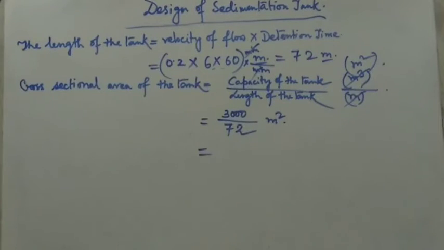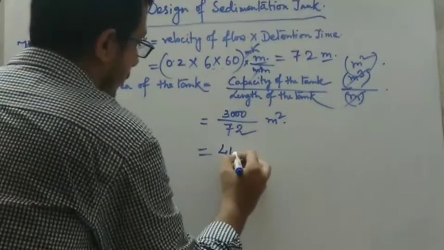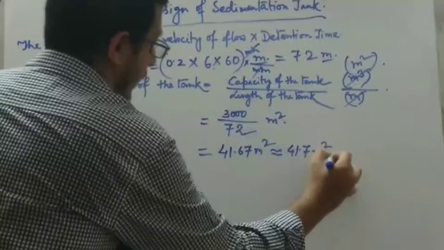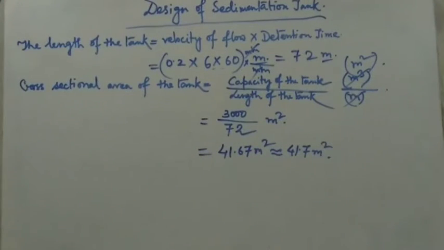Now if we calculate this by calculator, you will get this value is 41.67 meter square. Approximately we can write that 41.7 meter square. This is the cross-sectional area of the tank, and our main aim is to calculate the dimension of the tank, that means the length into width into height.